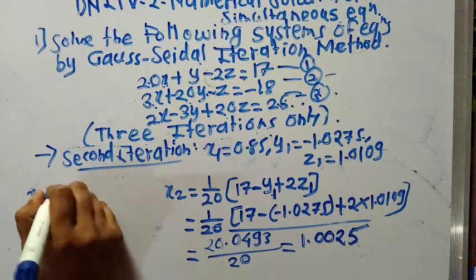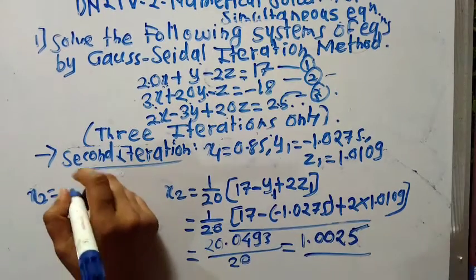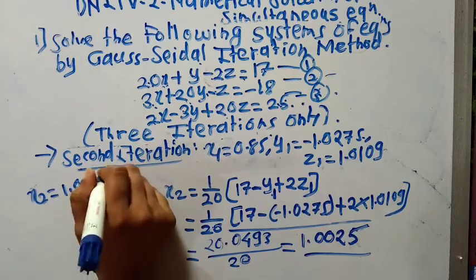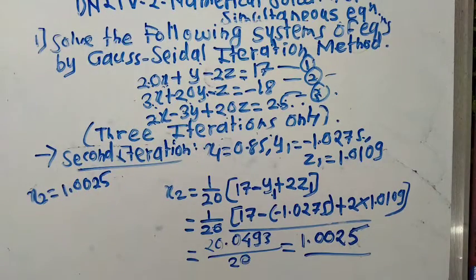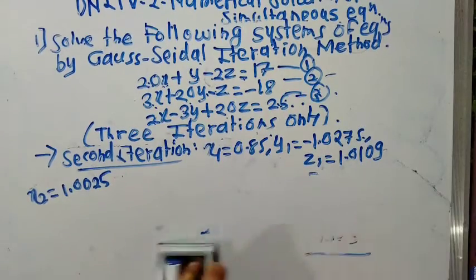Hence x2 is equal to 1.0025. Then find out y2.